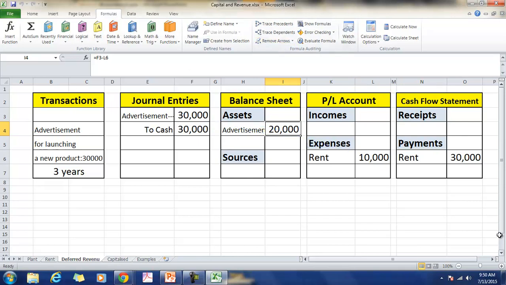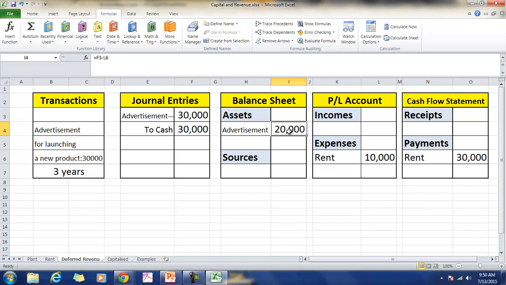Let me explain once again. So the payment is 30,000, but of the benefit of 30,000, 10,000, 1/3 of that, is assumed to have expired in 1 year, so it is an expense. The balance 20,000, the benefit will accrue in the next few years, so it will continue to appear on the balance sheet as an asset or unexpired benefit.